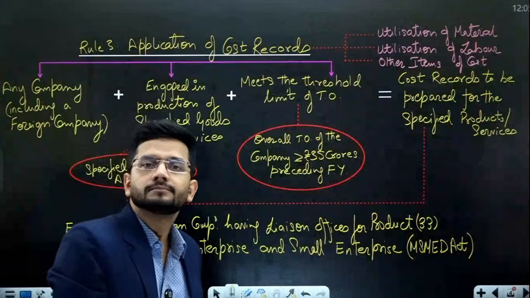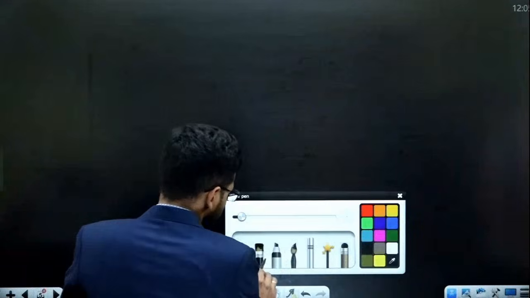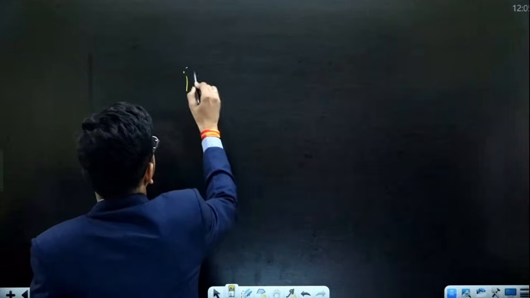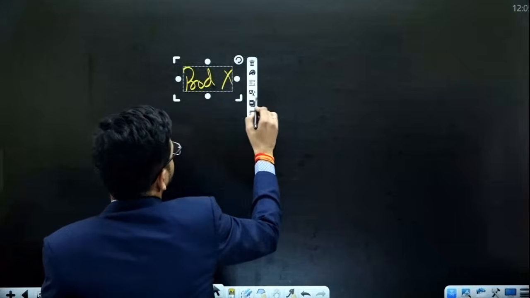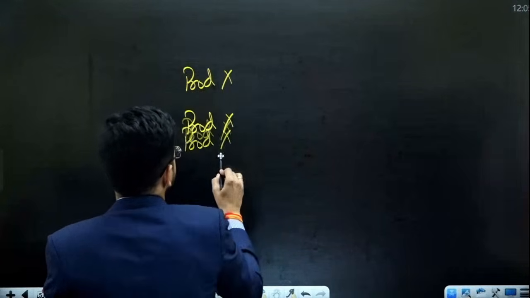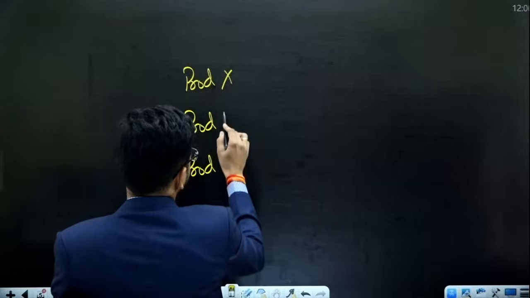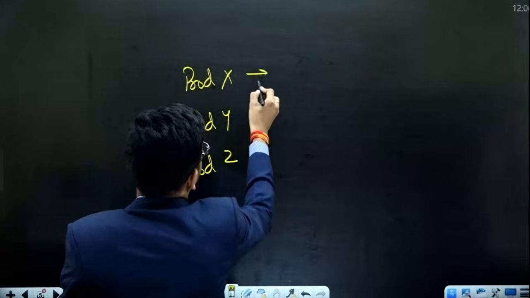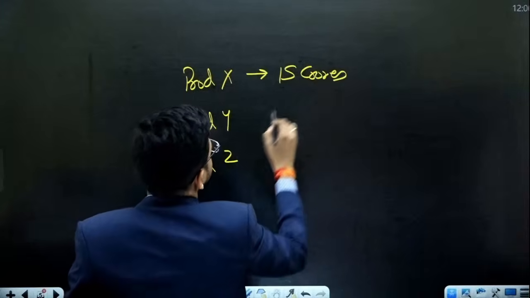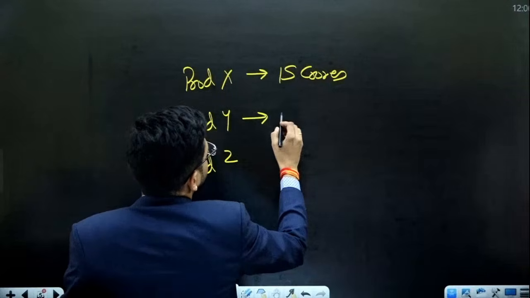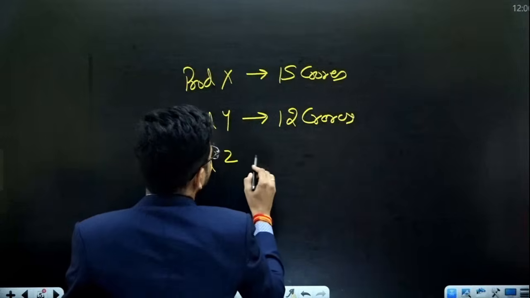Yes, absolutely. So suppose, I'll give you an example. There are three products which are being supplied by a particular company: product X, product Y and product Z. Product X, 15 crores. Product Y, 12 crores.